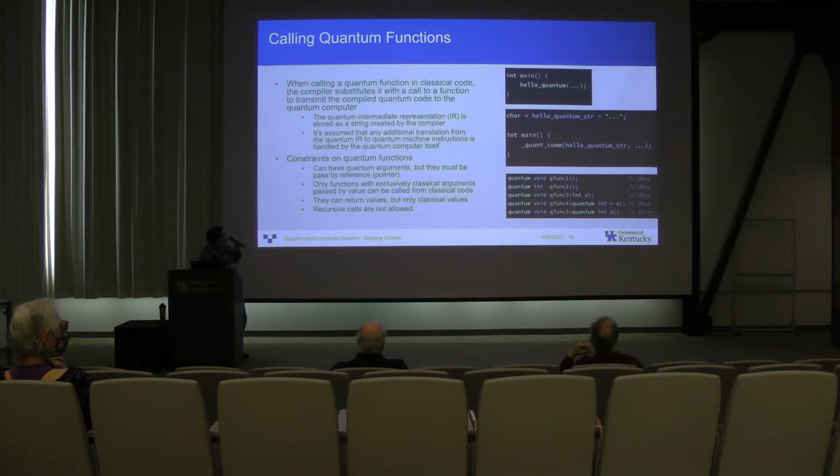So the intermediate representation, what my compiler ultimately generates before it gets sent off to the actual quantum computer itself, is going to be stored as effectively a string inside the code itself. And then, obviously, instead of calling the function directly, because there is no function in the final product, it calls this helper function that handles just saying, give me the string and potentially any other arguments that might need to be given for that code. I'll handle the steps of actually getting it to the quantum computer itself.